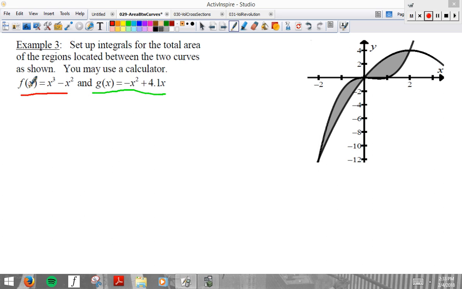So even if you were unsure which one's the red one, the green function is a parabola. The highest power is squared. It's opening downward because we have a negative in front. And there's only one function here that opens downward and looks like a parabola.